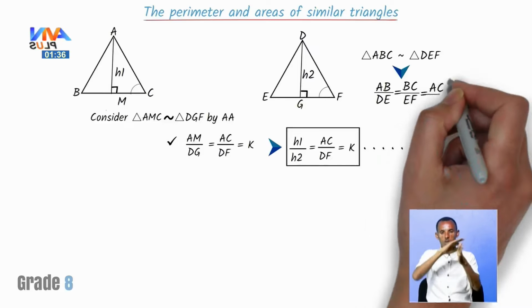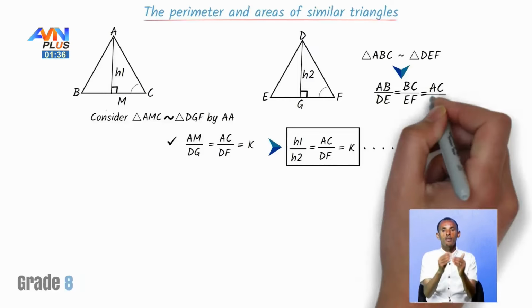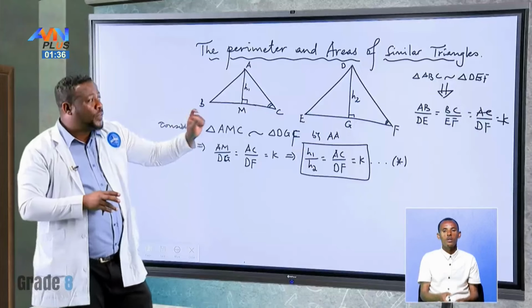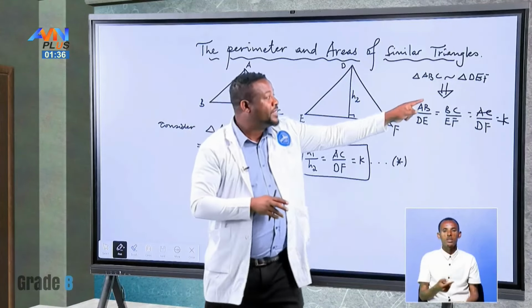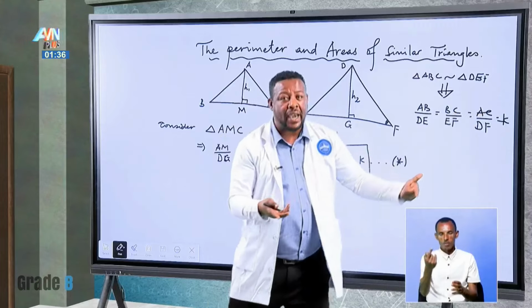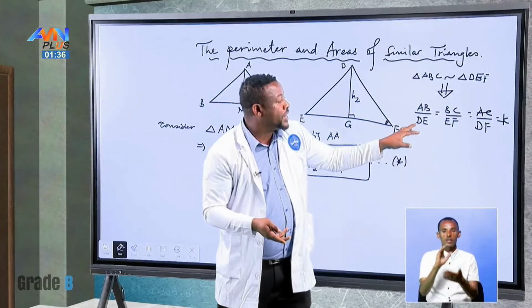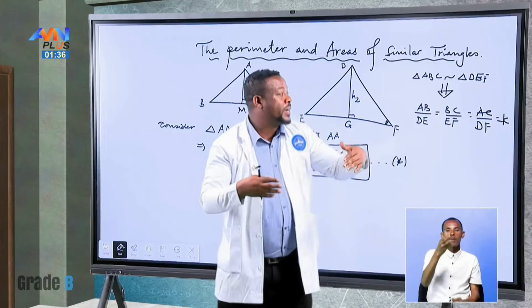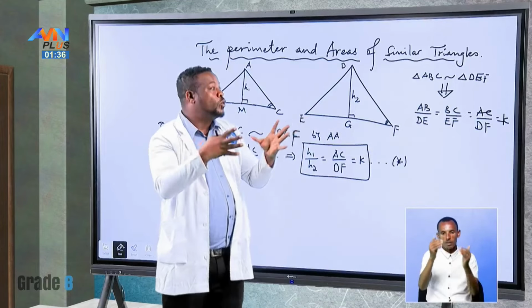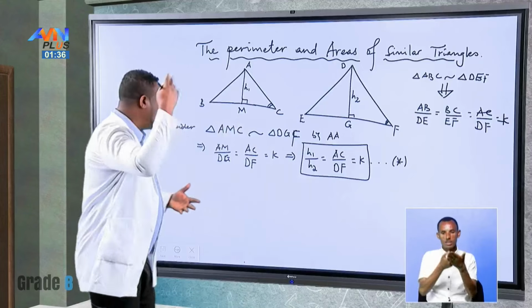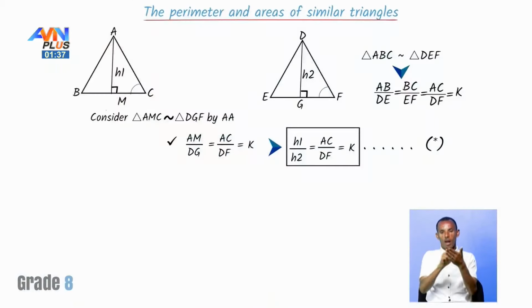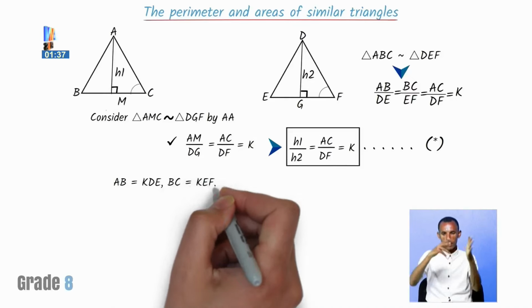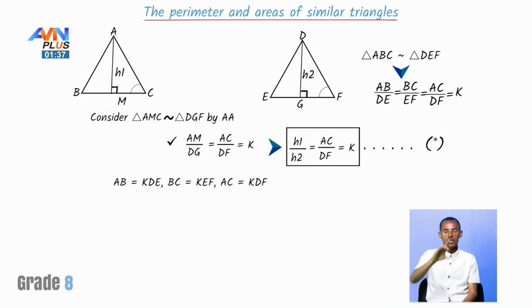These are all the same and their constant of proportionality is K. So now, from this, let's take each of them and equate with K. AB over DE is equal to K, BC over EF is equal to K, AC over DF is equal to K. So from all these three, you derive that AB becomes K times DE.